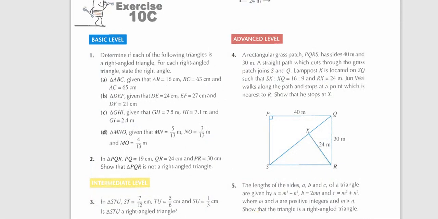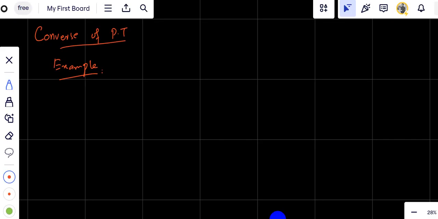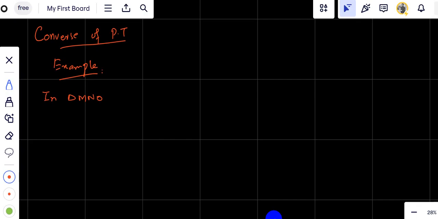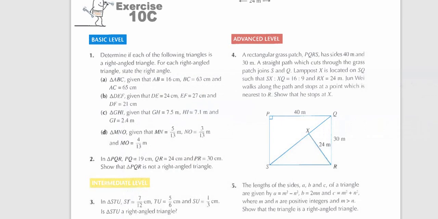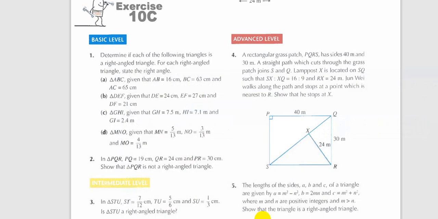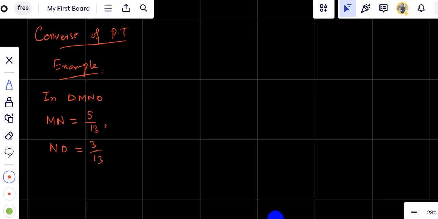In triangle MNO, the sides are MN is 5 upon 13, the side NO is 3 upon 13, and the side MO is 4 upon 13.